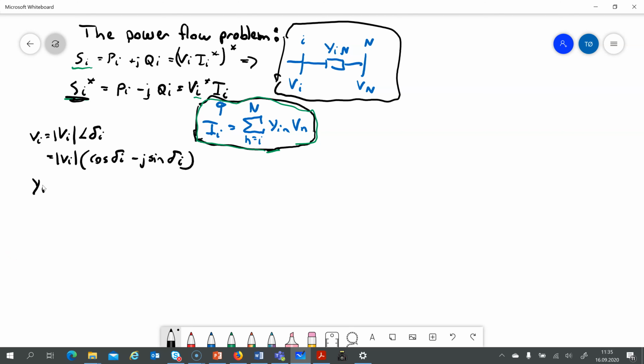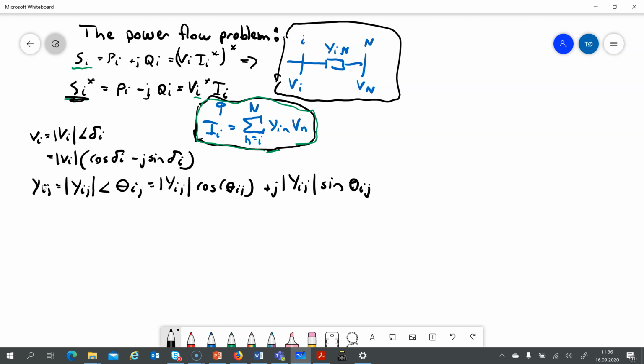In the same way we can have the admittance in general form between I and J nodes, where we use the angle theta for the admittance, or it can be expressed as Yij cosine theta ij plus j sine theta ij, like this.